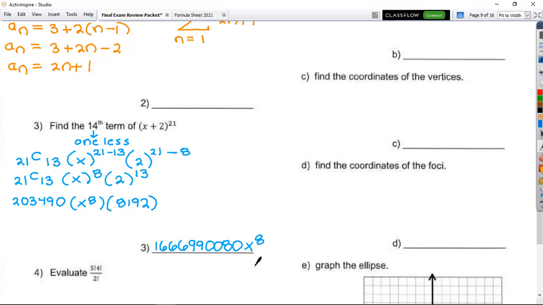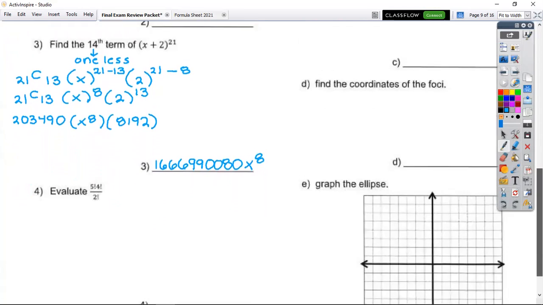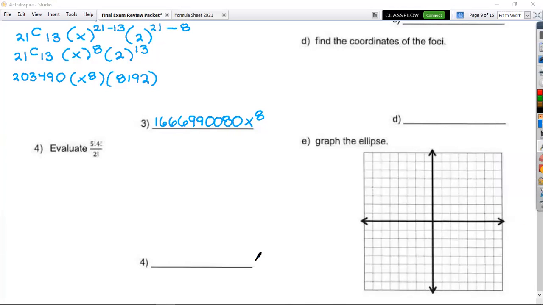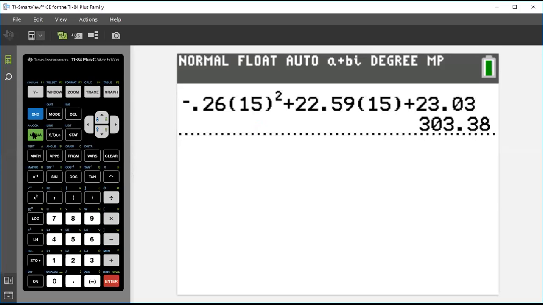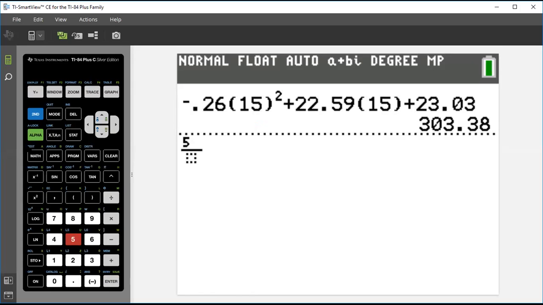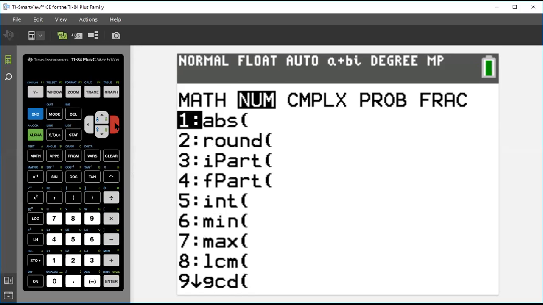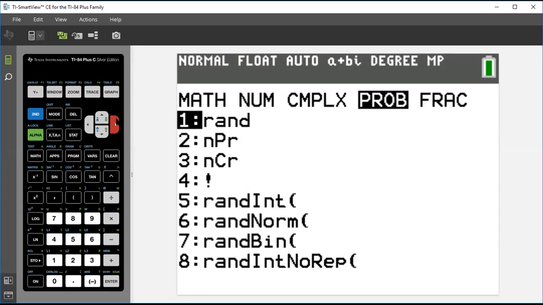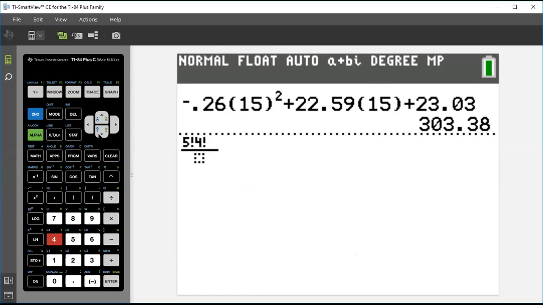Okay, so number 4 is just calculator work. To get your factorial, you're going to hit the math key. I don't need you to show anything for this. So I'm going to go alpha y equals enter, and 5 factorial, so that's over to probability. And then 4 factorial, so math over choice 4. And this was divided by, was it 2 factorial?